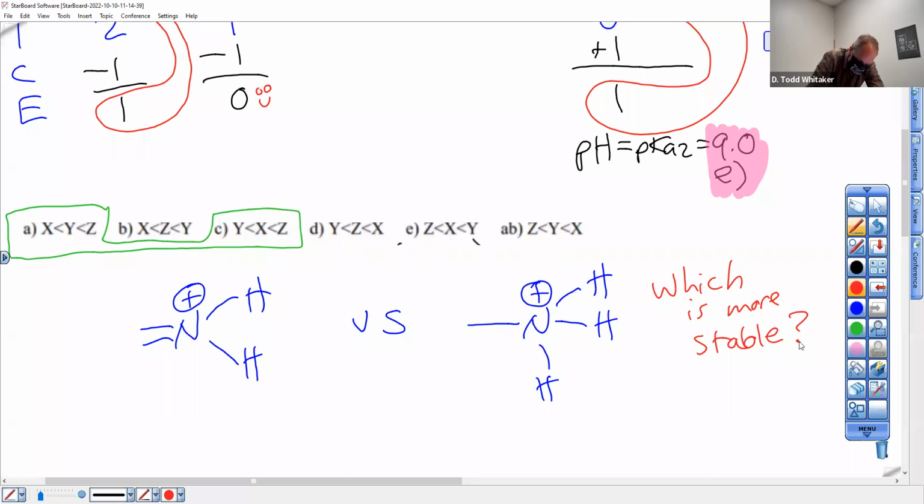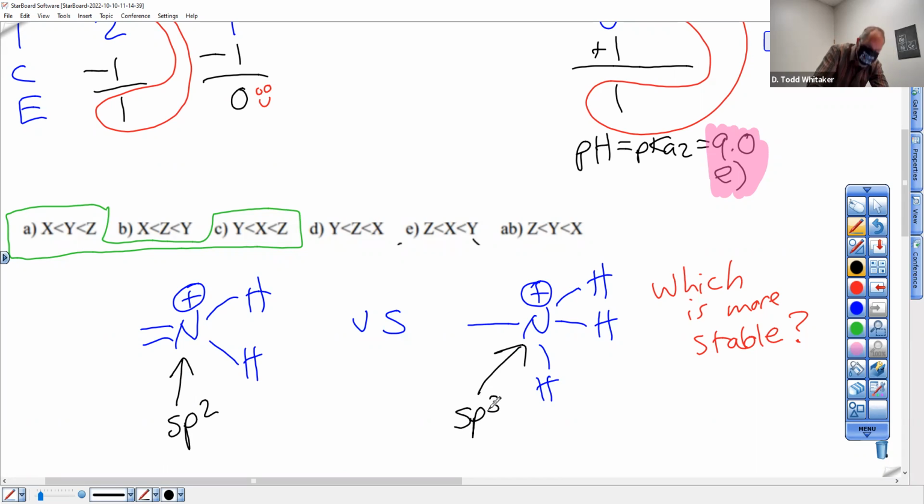That gives the whole answer. Nitrogen on the left: 3 sigmas, no lone pairs. What do you got? Give me the name of the hybridization. SP2. What's the name of the hybridization? 4 sigmas, no lone pairs.